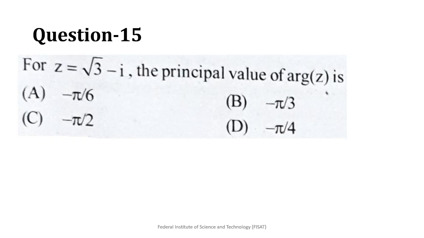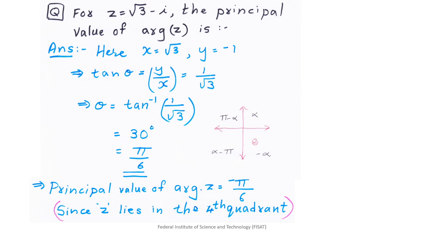For this question, z equal to root 3 minus I, the principal value of argument z is asked. So argument you have to find out. So tan theta equals y by x equals 1 by root 3, or theta equals tan inverse 1 by root 3, 30 degree, pi by 6.